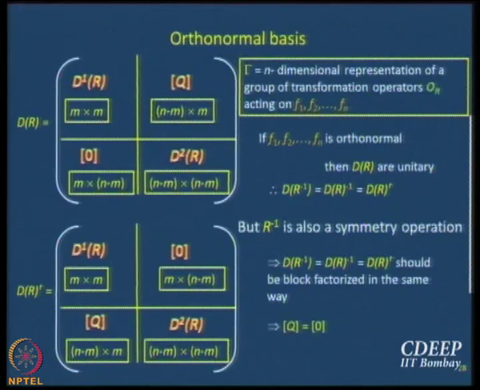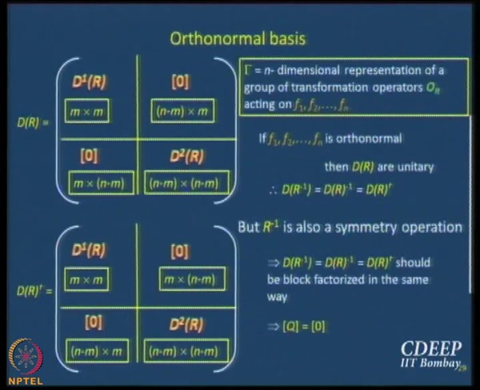The coefficients, right? Coefficients will be different, but for F1, F2, F3 up to Fm, the subset of the basis that is being used cannot be different. So, what does that mean? Q is 0, that is what it means. So, Q equal to 0. Okay? So, I put in 0.